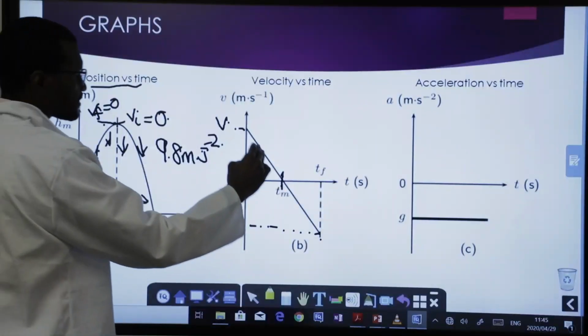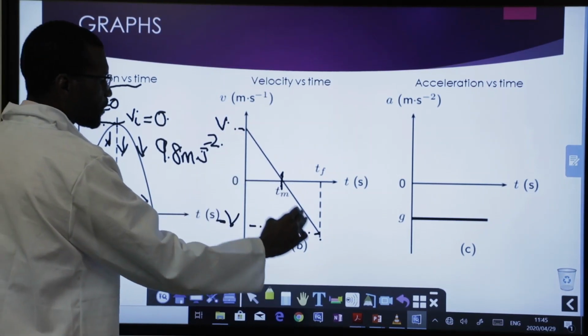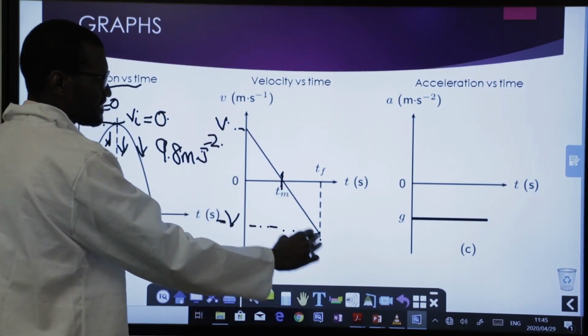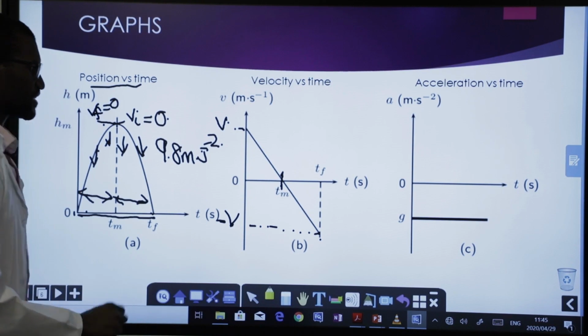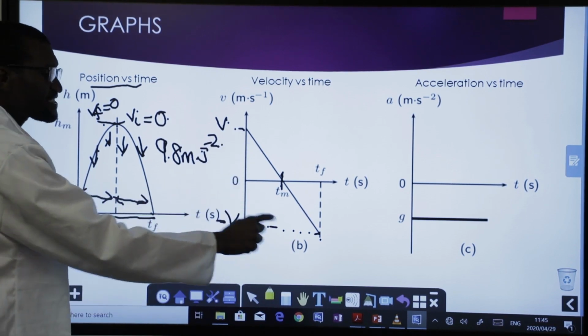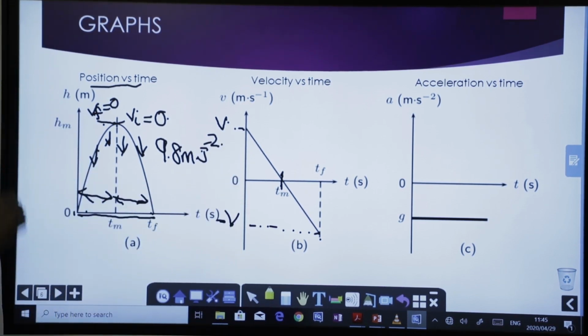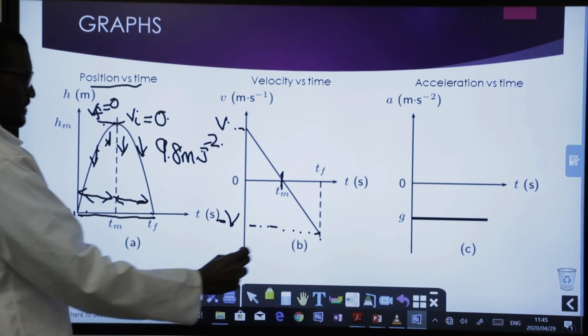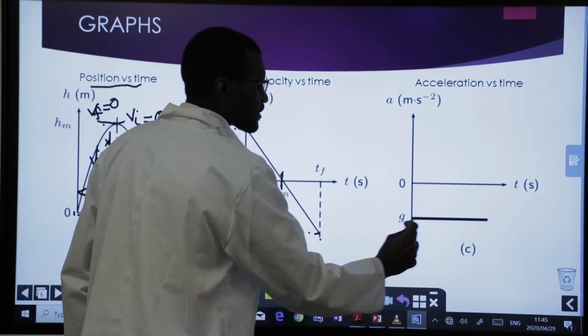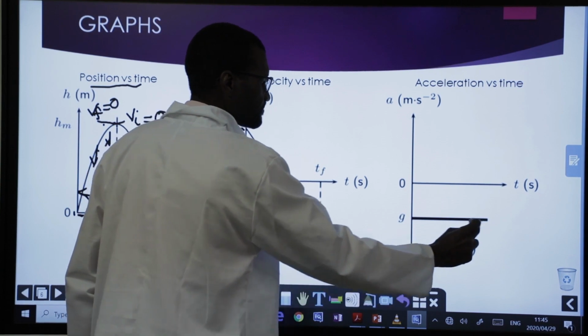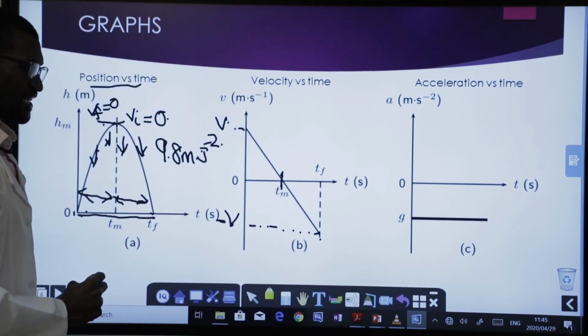The gradient of this graph is a negative gradient. The gradient of a velocity time graph gives me the gravitational acceleration, 9.8.